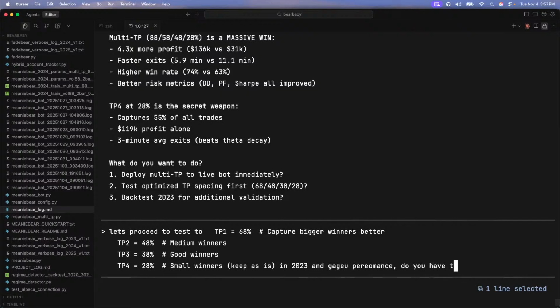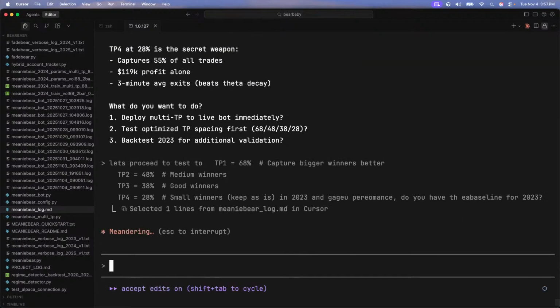Do you have the baseline for 2023? You should. I'm almost certain you do.